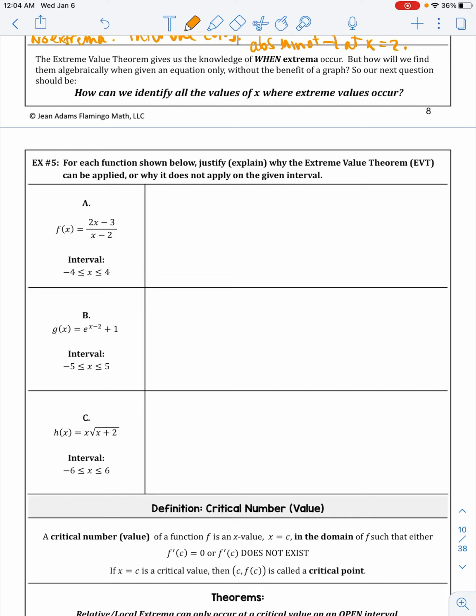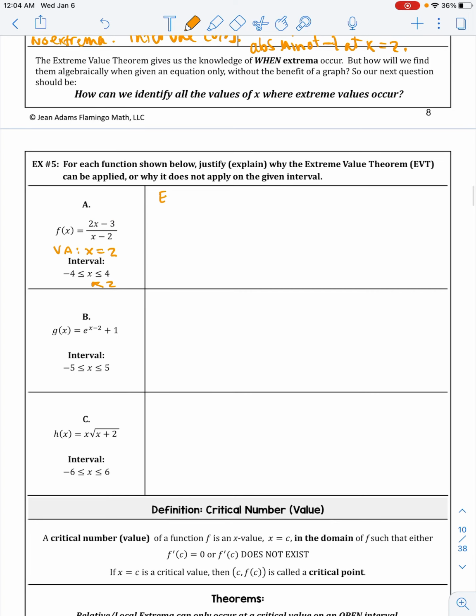Okay, so on this first one, letter A, we have to think about on the interval from -4 to 4, do I have a discontinuity? And I notice that I'm going to have a vertical asymptote here at x equals 2. And 2 is in this interval. So we do have a discontinuity here.